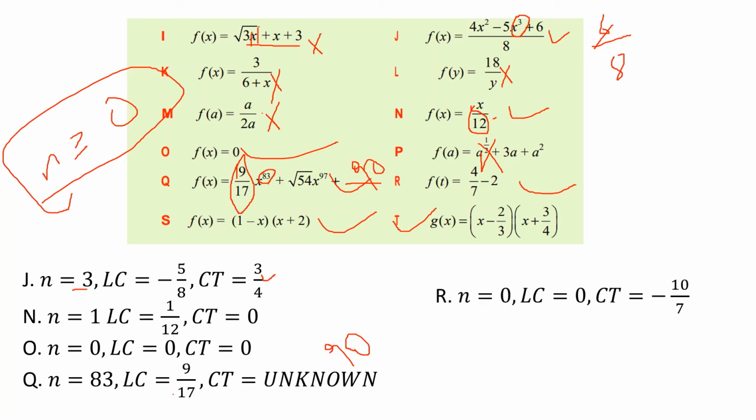And R here has degree 0, because there are no terms that contain x or t. Since the function is f of t, there is no term that contains t, so n is 0 and the leading coefficient is 0.